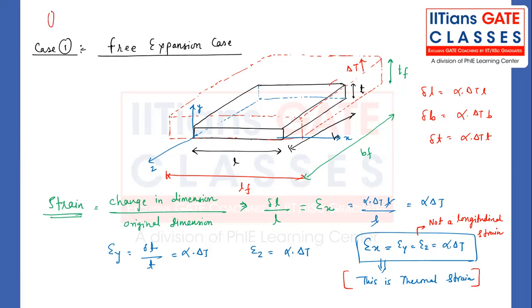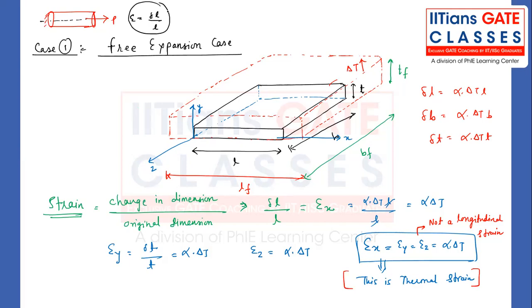Whenever we have a rod and we apply a load, something like this, for example, then in the direction of the applied load, whatever strain is developed is called a longitudinal strain.